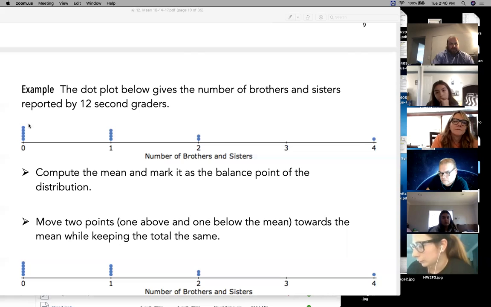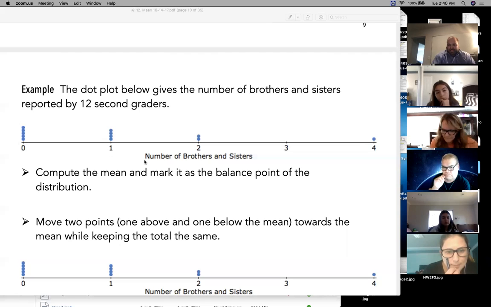That's 12 divided by 4? We divide by 12, Miriam. There's 12 people here, 12 dots. Oh, okay. So you don't divide by the number over here. That's a 4. Okay, I see.